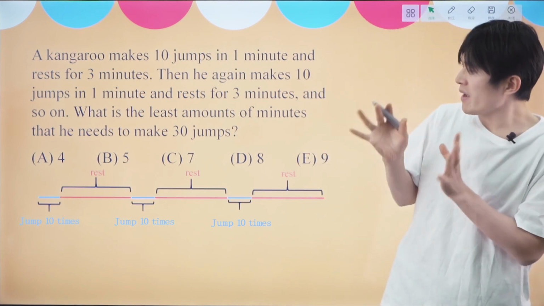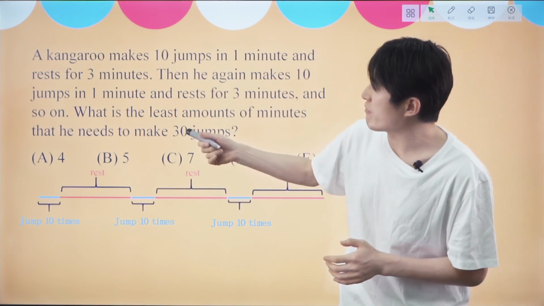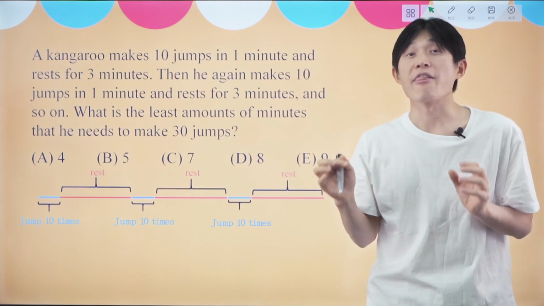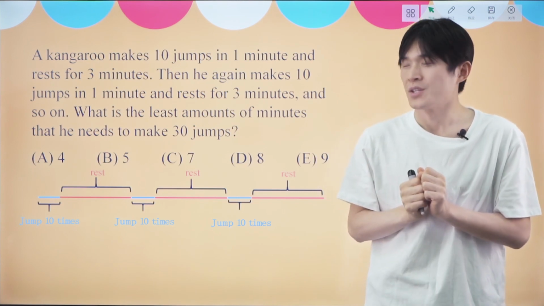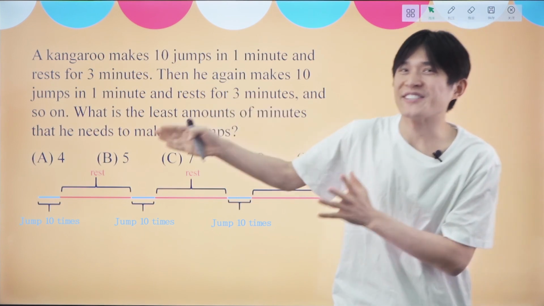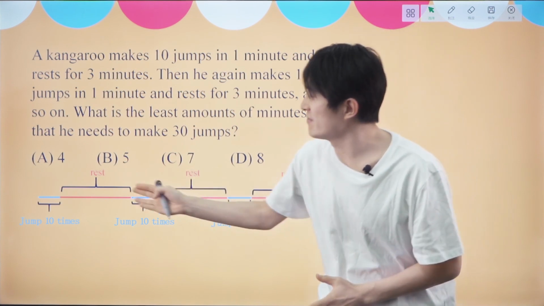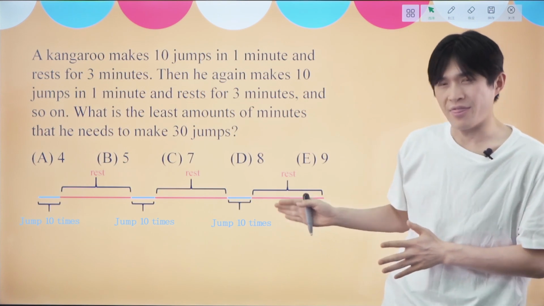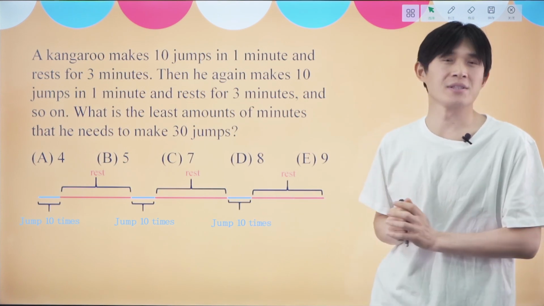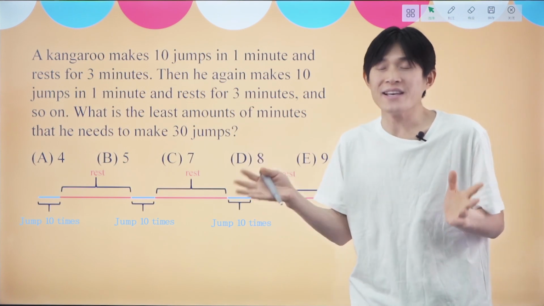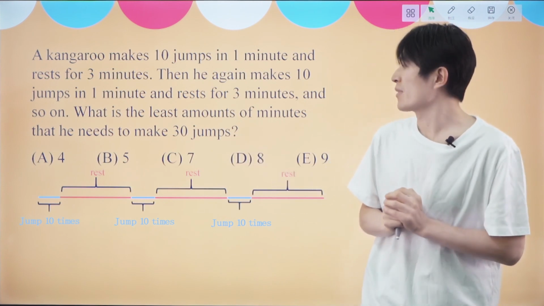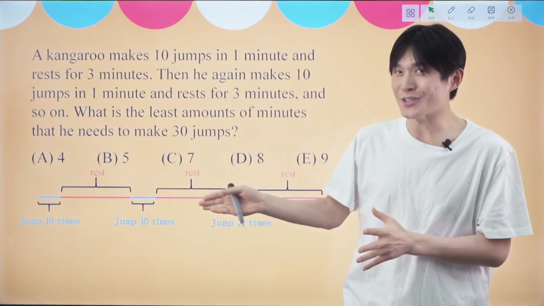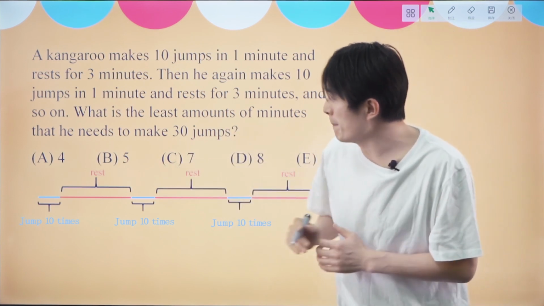To find the least amount of minutes that he needs to make 30 jumps, we need to know that at the start there will be 10 jumps. At the end, there will be 10 jumps. And then we'll get the least amount of time. So we notice that at the start, there is a jump.